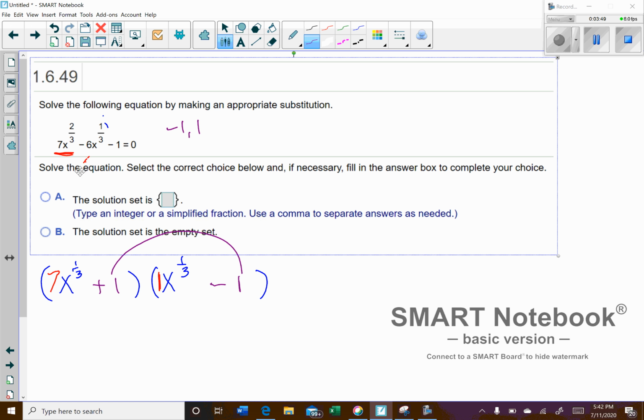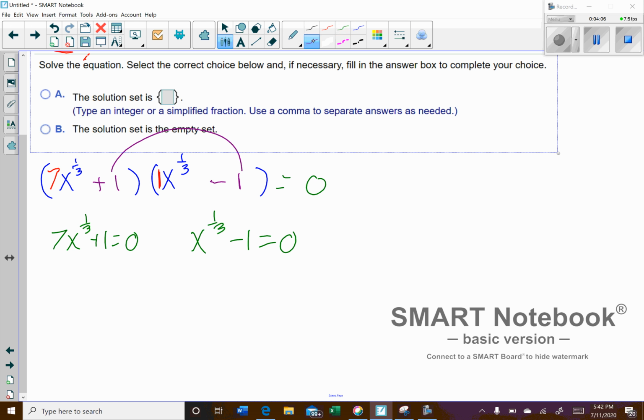Okay? So then from here, we set each one of these equal to 0 and solve. So 7x to the 1/3 plus 1 equals 0. x to the 1/3 minus 1 equals 0. And so here we'll subtract 1, and then we'll go ahead and divide by 7.